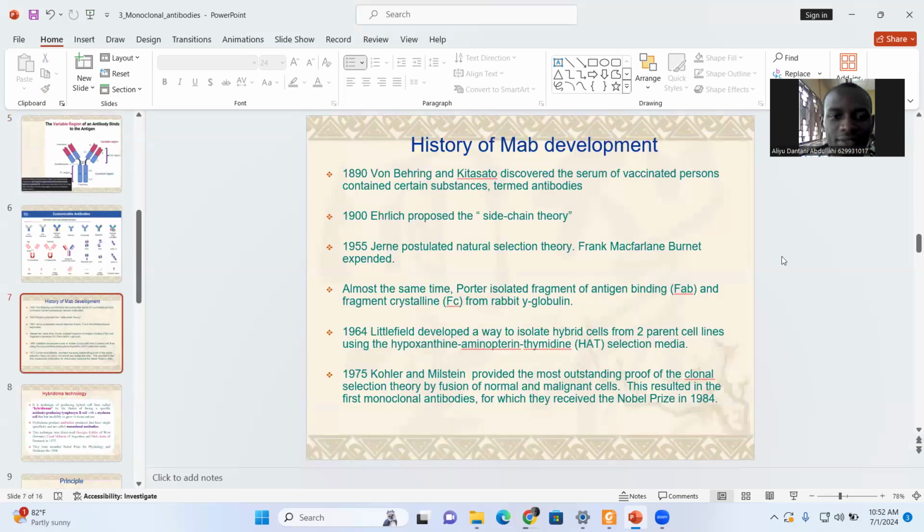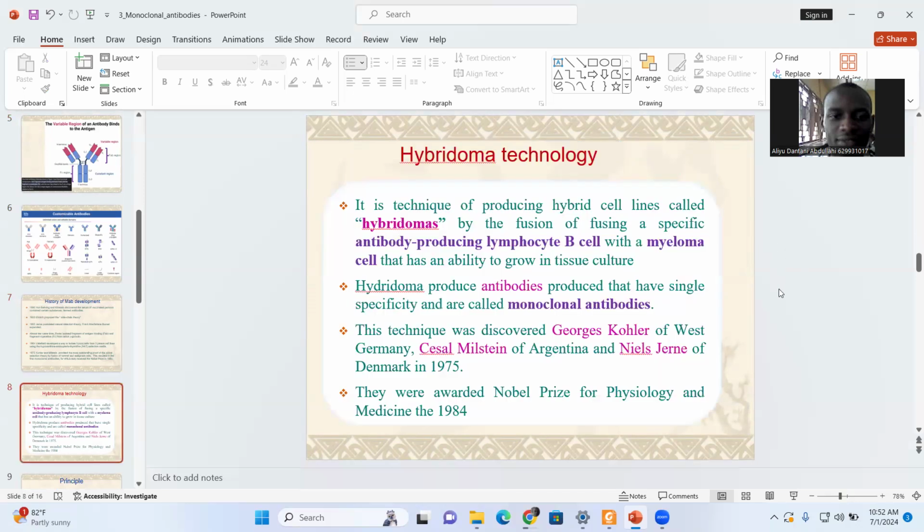For the history, I don't have to read this, you can read it on your own. All right, hybridoma technology, how monoclonal antibodies are formed. Right? It's a technique of producing hybrid cell lines called hybridomas by the fusion of a specific antibody producing lymphocyte B cell with a myeloma cell. A myeloma is a cancer cell, right, that has the ability to grow.